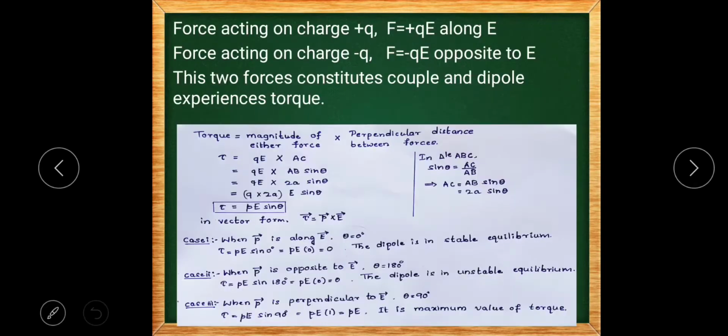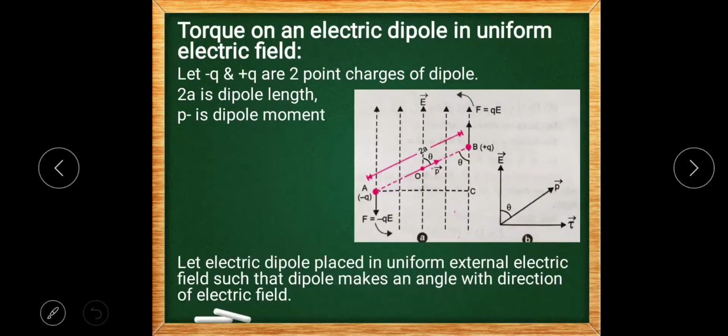Next, the force acting on charge minus q is F equal to minus q into E, acting opposite to E. In the diagram, this one. Here minus q is a negative charge, hence the force is acting in the downward direction, or opposite to the applied electric field.